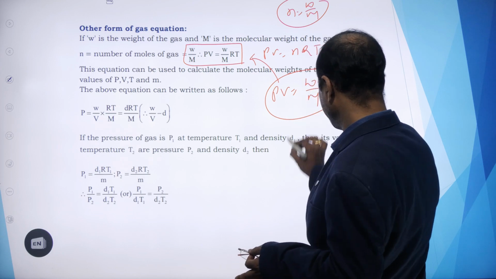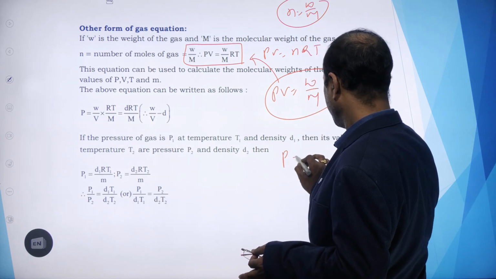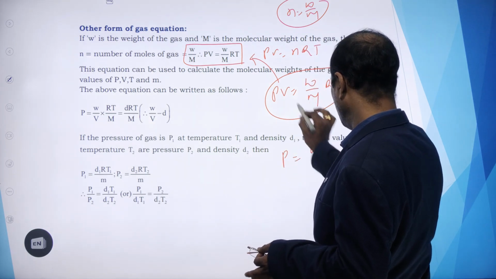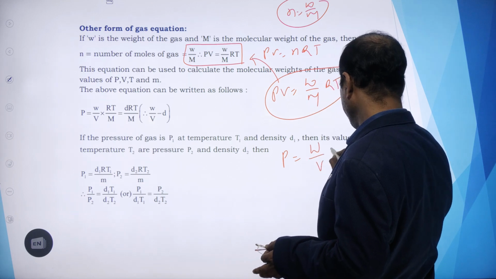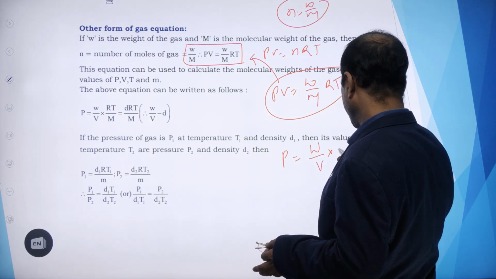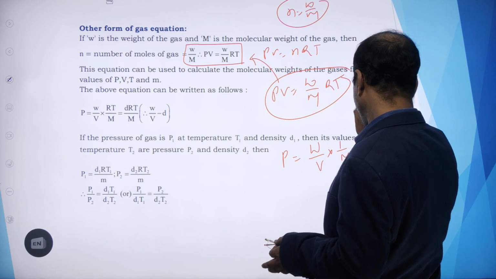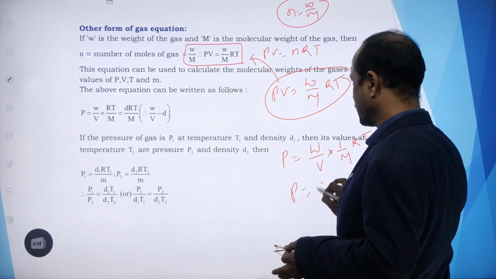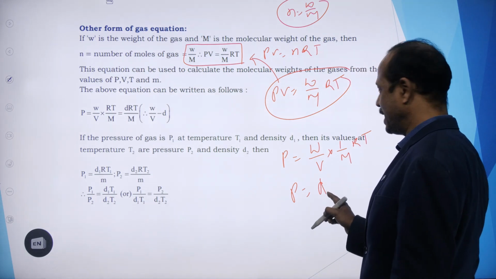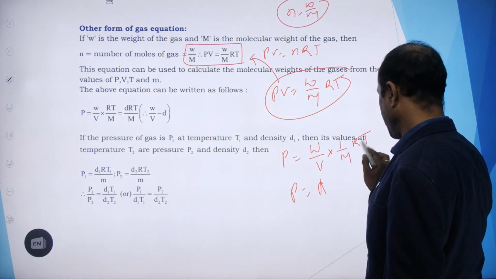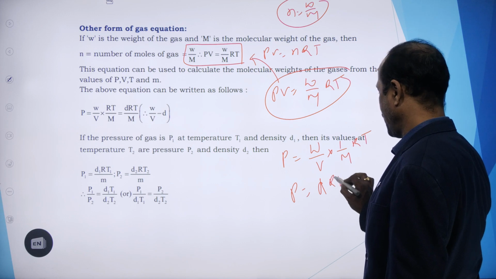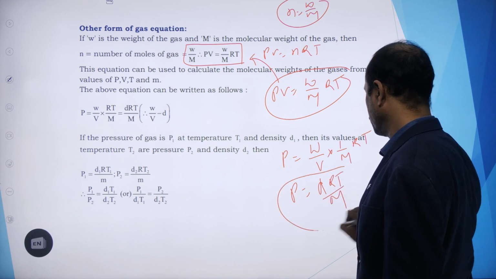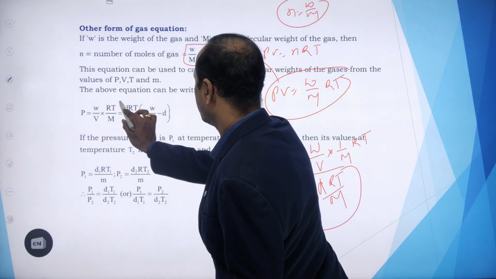Density. So now I can write the equation like this: P is equal to W by V into 1 by M into RT. Weight by volume is nothing but density. So P is equal to dRT by M. See here, P is equal to dRT by M.